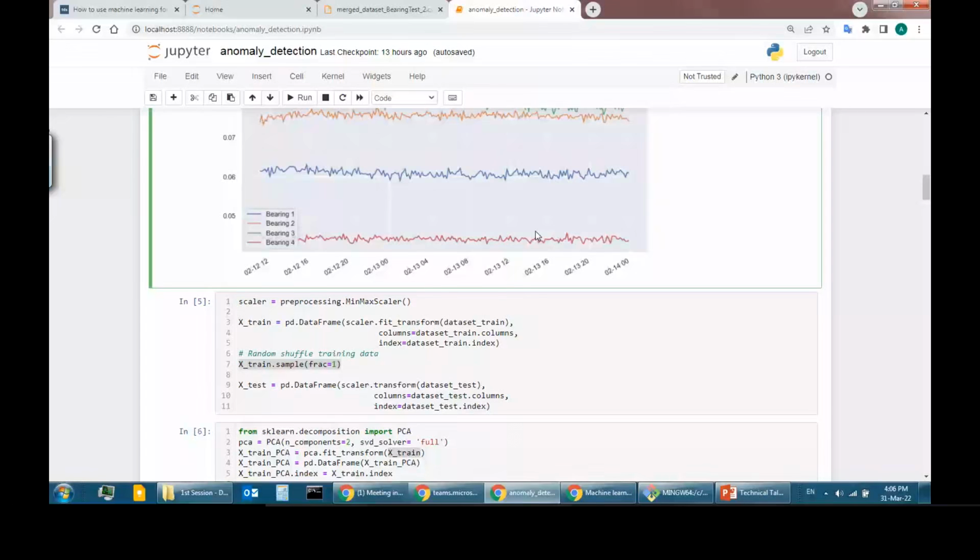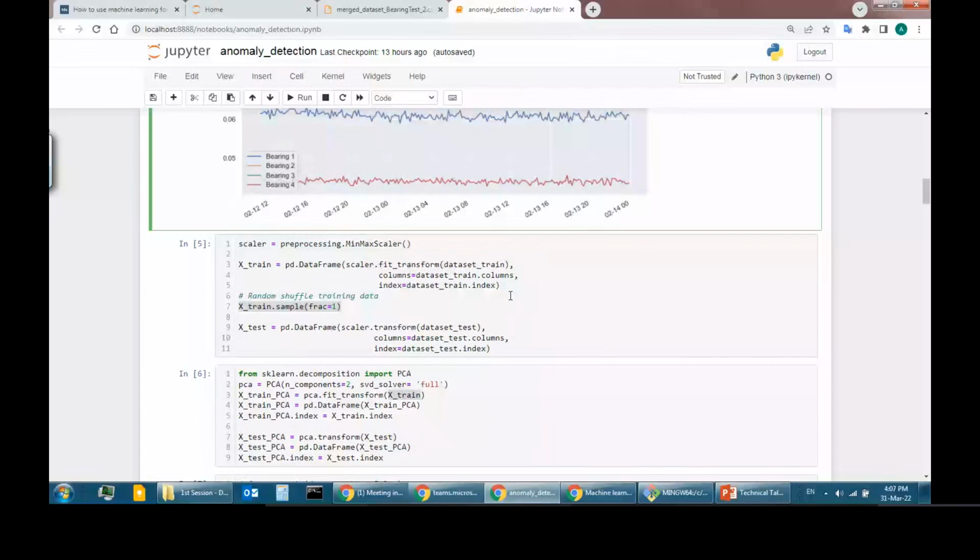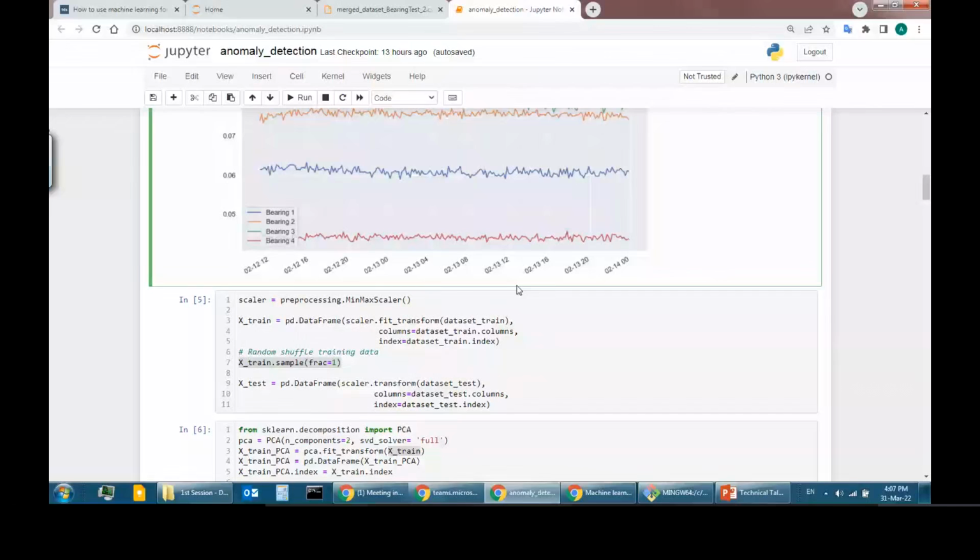Then they will produce a probabilistic distribution for the normal condition. And whenever they receive something new, they will compare this with the distribution. If it is coming far away from the normal distribution, from the expected value, then they will say, okay, that could be abnormal. So that's the general idea.